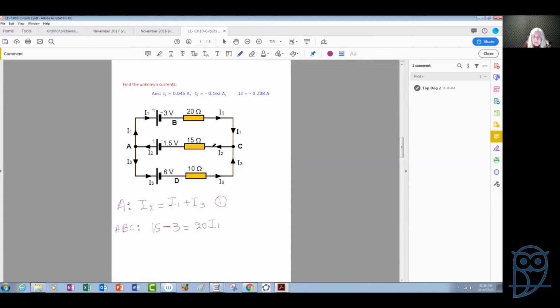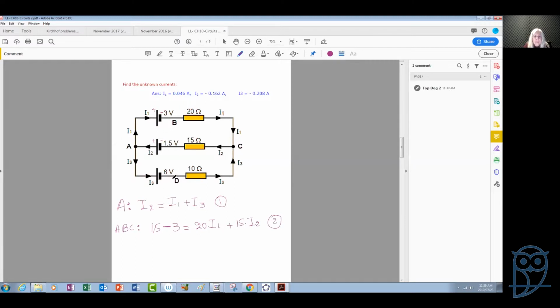And we continue and we meet the 15 ohms. The current in this resistor is I2, so we add 15 times I2, and that's it. So this is the second equation, for this loop. We have no other EMFs or potential differences in this loop.